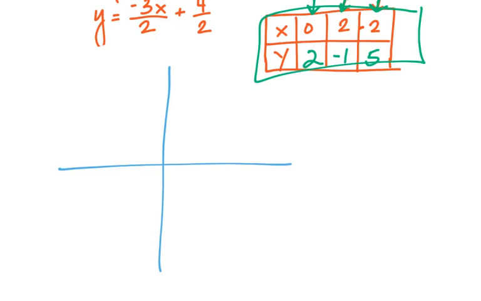So if this is my graph, I'm going to graph this first set of numbers, which can be written as (0, 2), because I always want the x value written first and then the y value.